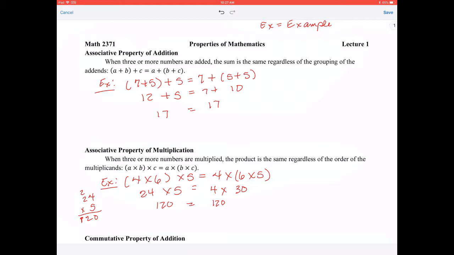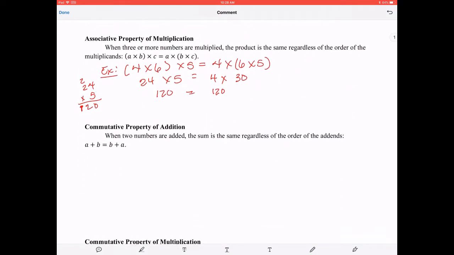Okay? So up in addition, the right side was easier to do. So in both of these examples, I see that sometimes using the associative to regroup things, I can make my problems easier, and that can help me to work the problems.